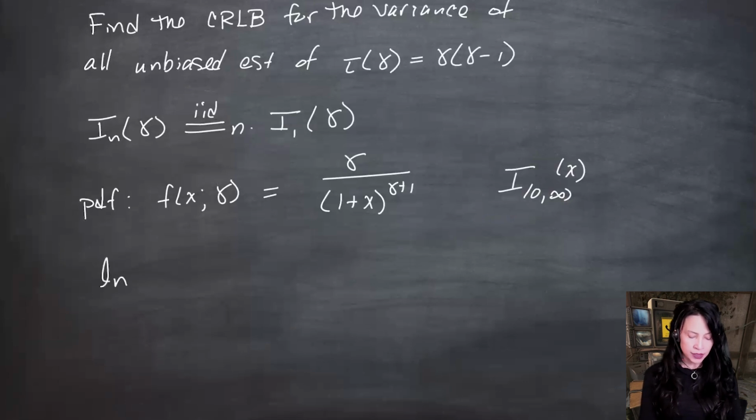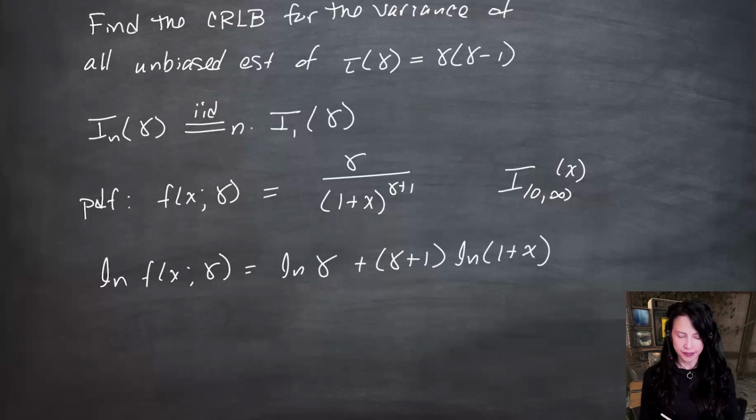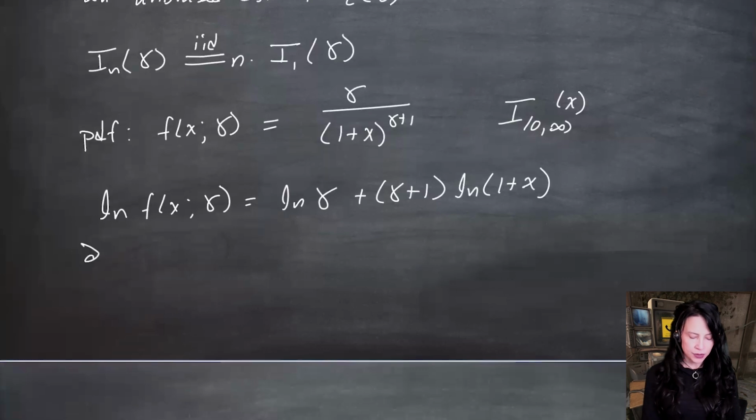So we need to look at the log of this. And we get the log of gamma minus the log of the denominator. And for that denominator, I'm going to bring the exponent down in front of the log. And let's take a derivative with respect to gamma.